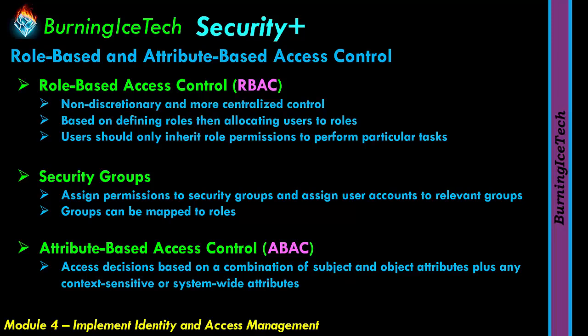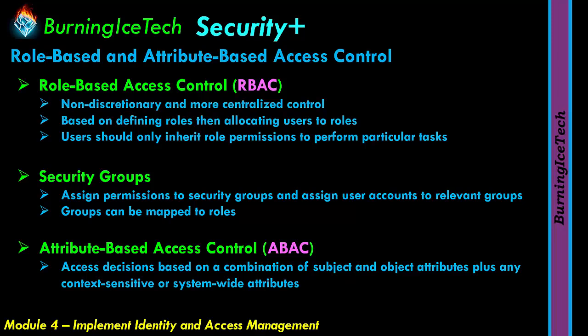Now, attribute-based access control, folks, is the most fine-grained type of access control model you can find. As the name suggests, an attribute access control system makes its access decisions based on a combination of subject and object attributes plus any context-sensitive or system-wide attributes like I said earlier.